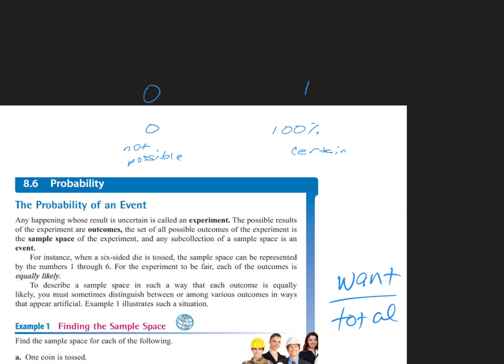Depending upon what the question is asking, if it starts off with decimals, leave it in decimals. If it starts out as a fraction, leave it as a fraction. But you can turn probability into a whole number, a fraction, a decimal, or a percent. We'll talk about that in a minute.